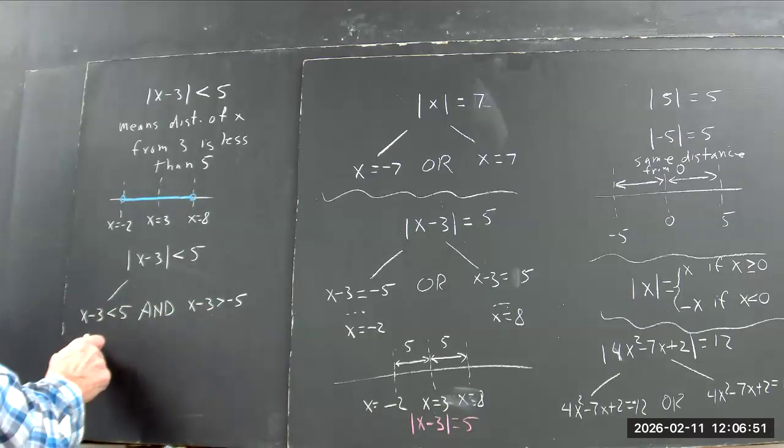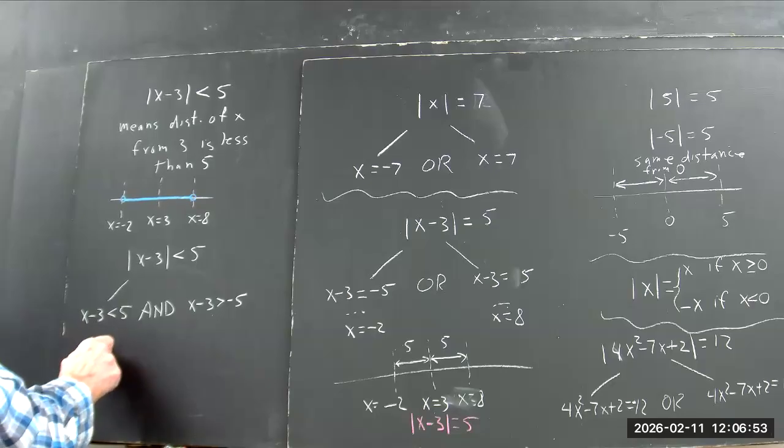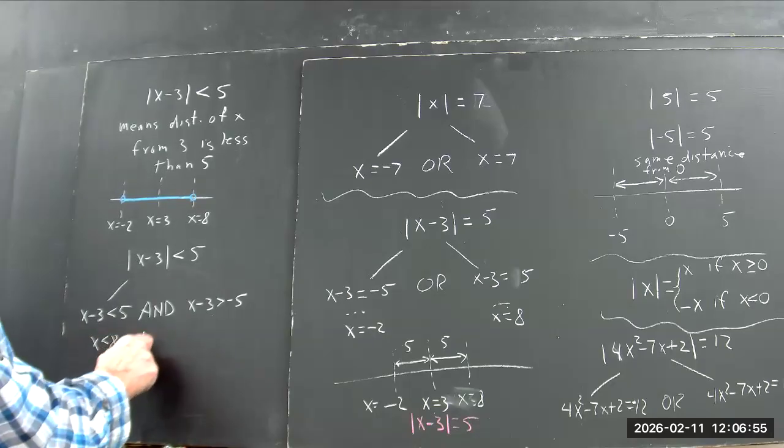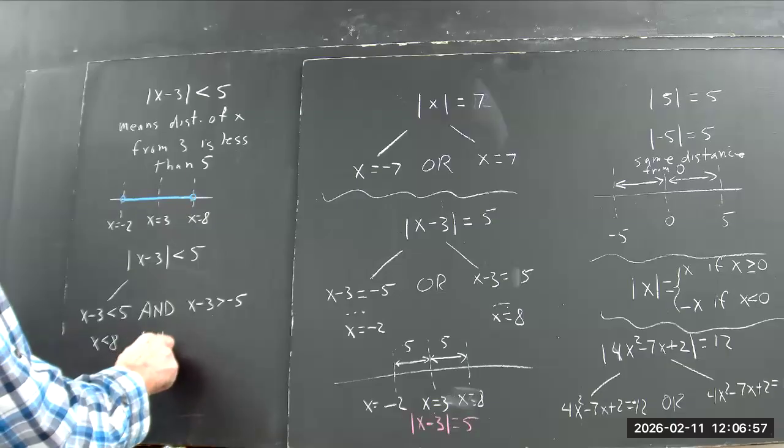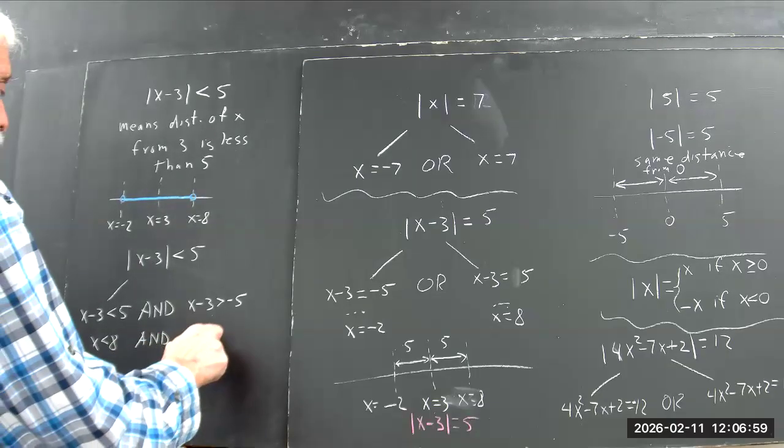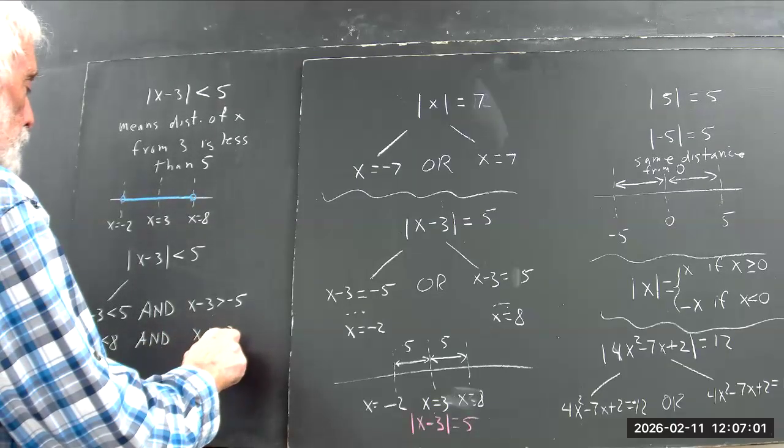Solving these two inequalities, this tells you that x is less than 8 and x is greater than negative 2.